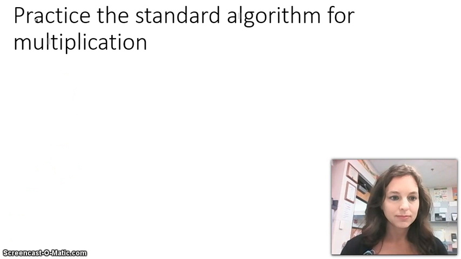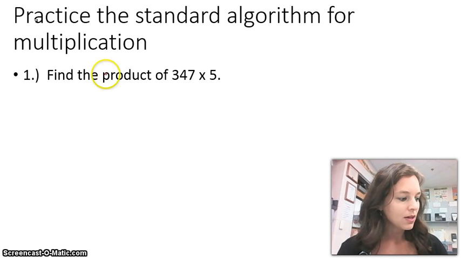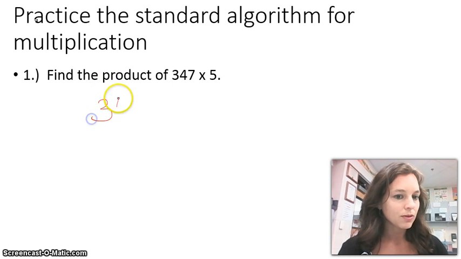Let's try some more. All right, now we'll practice the standard algorithm for multiplication. We want to find the product of 347 times 5. So we will write 347 times 5 vertically. 5 times 7 is 35.